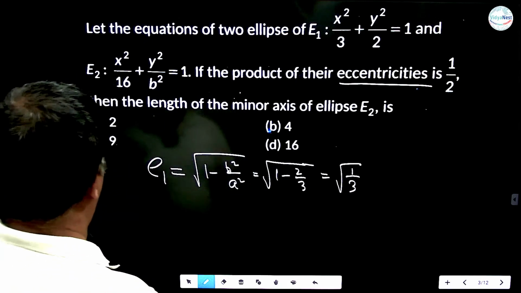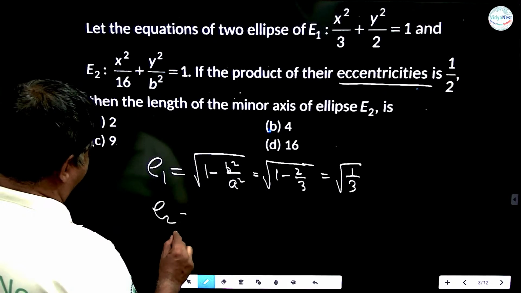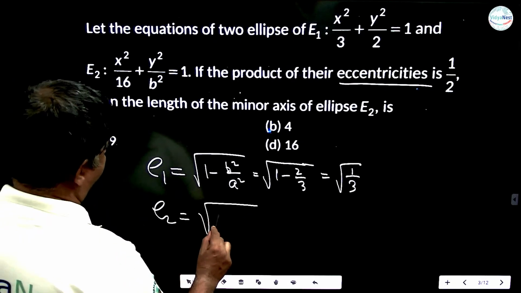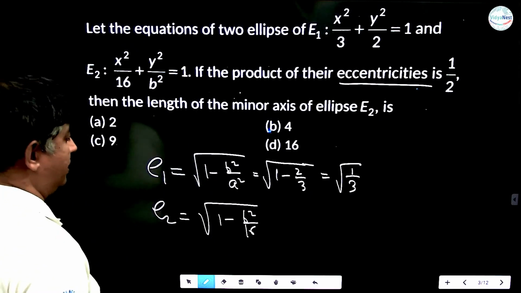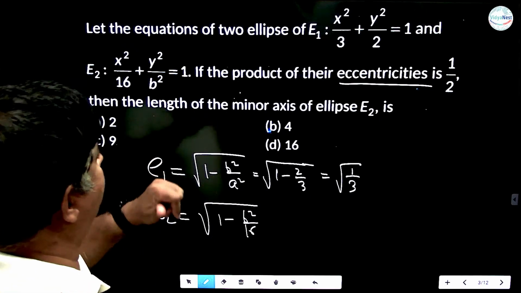Now E2, b square by a square, and the product is given as half.